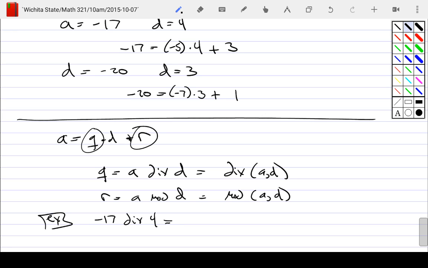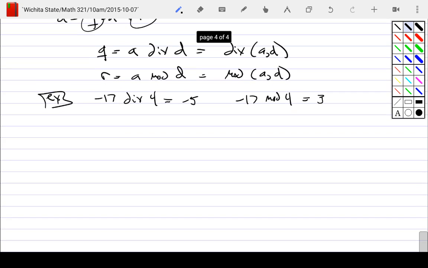Was it minus 5, right? Everybody has to pay $5. Negative 17 mod 4, what's that? If everybody pays $5, there is $3 overpay, right? So the div and the mod immediately spit out the answers.